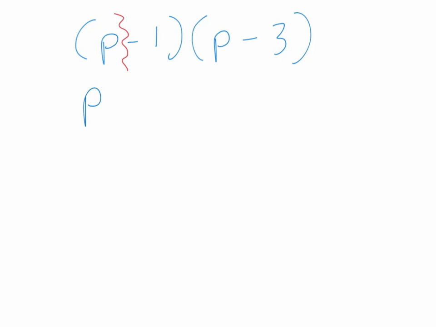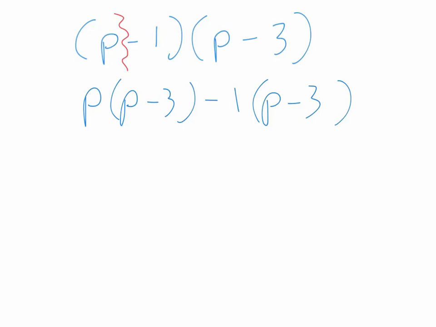So we have a p and a set of brackets. And then we bring the second term, which is a minus 1, not a 1, down here. So we have minus 1 and a set of brackets. Then we put what's inside the second egg inside each of the brackets. So we get p minus 3 and p minus 3.